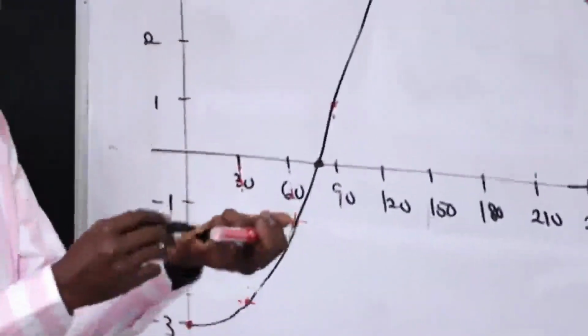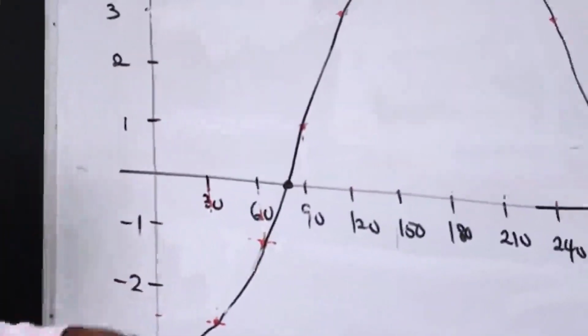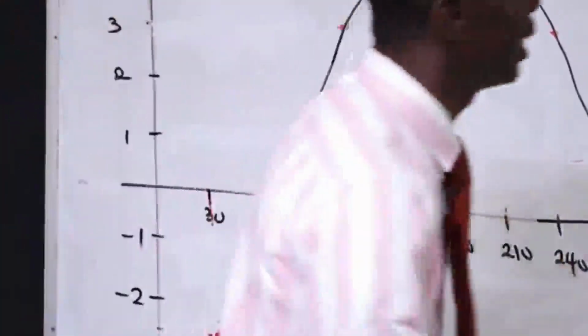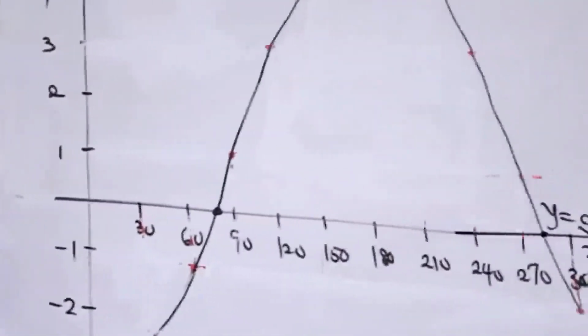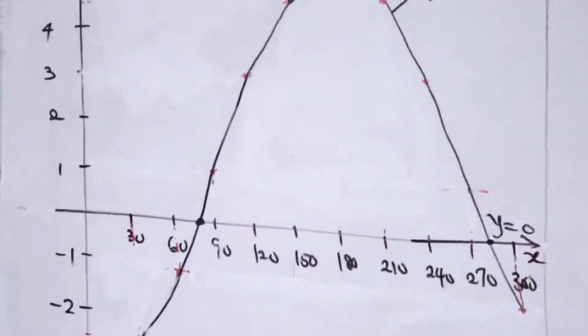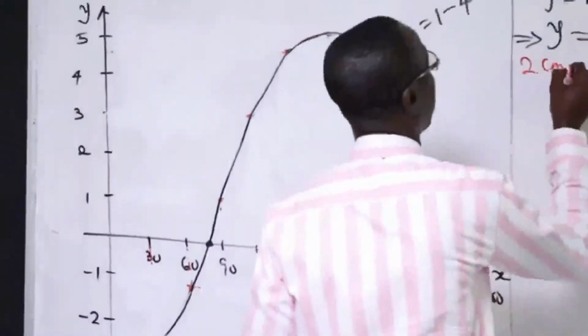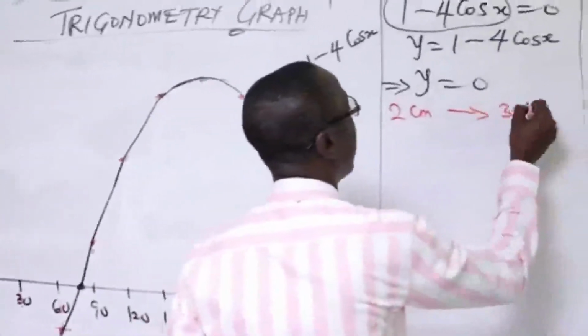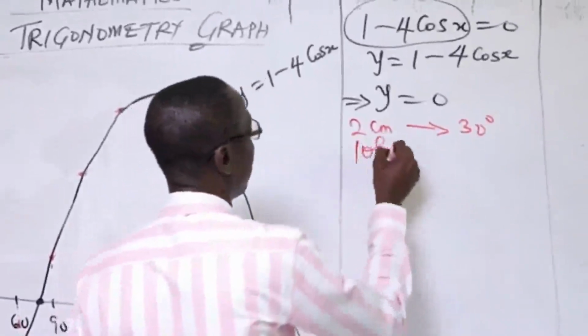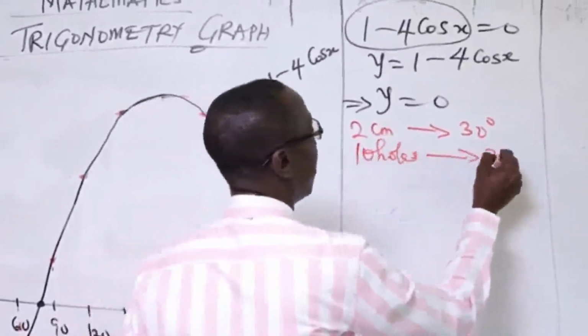But before you tell your examiner the value, I hope you remember that I emphasized the place of breaking down what? The scale. The scale. So, 2 centimeters to 30 degrees on the x-axis means 10 ohms is 30 degrees.